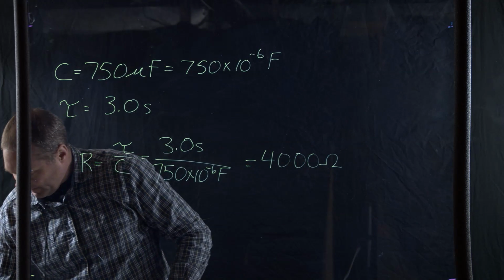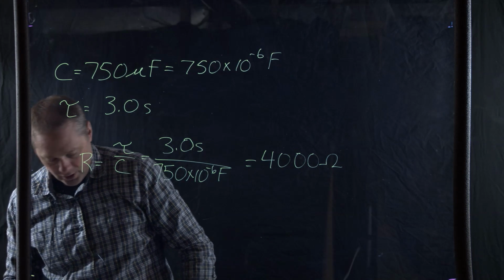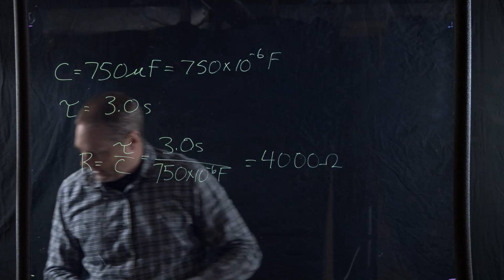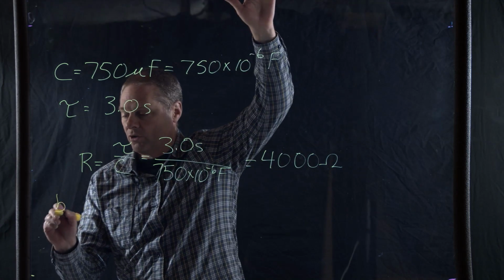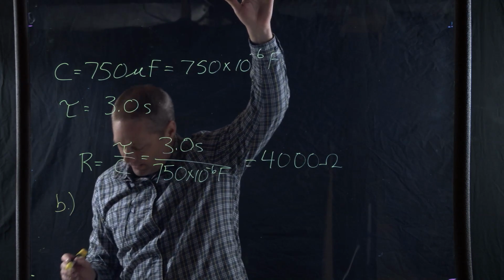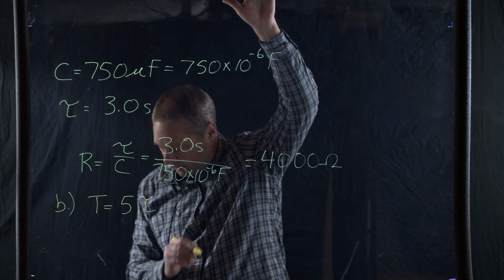All right. Now it says, how long does it take to fully recharge the flash unit? So basically, you're charging up that capacitor. And so time is equal to 5 tau.